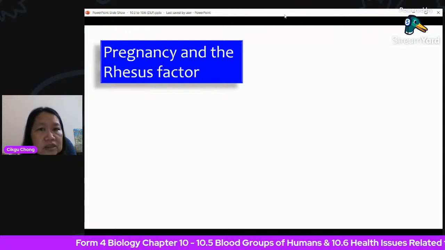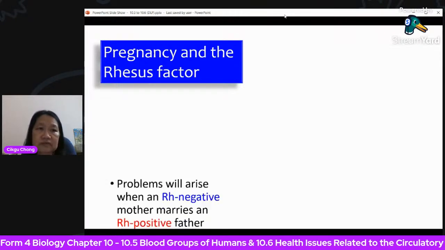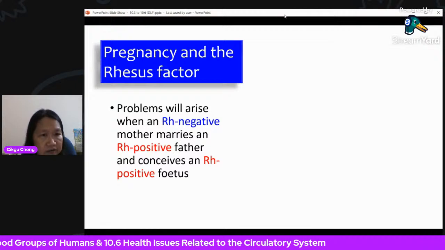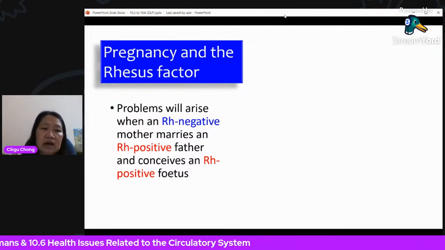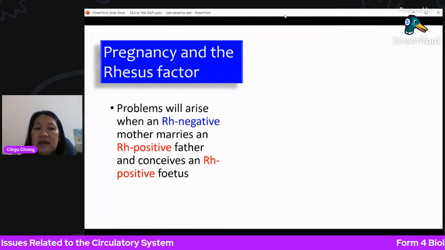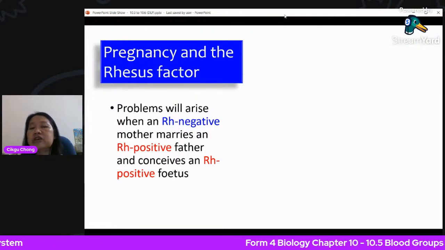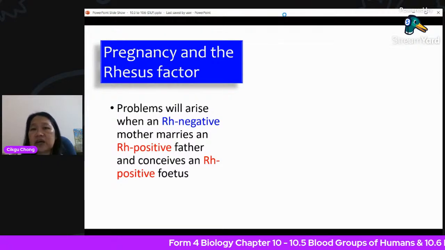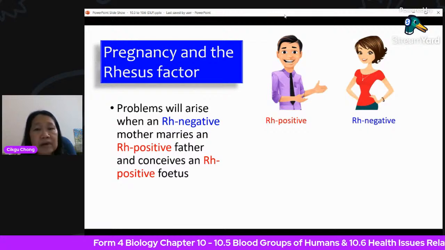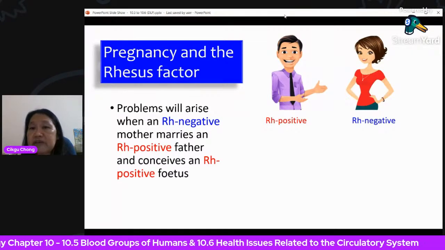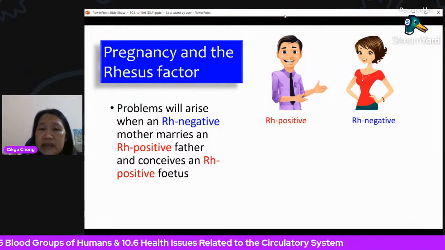The baby can be positive because the father can be positive. Okay, so problems will arise when an Rh negative mother marries an Rh positive father, and the baby happens to be Rh positive, conceiving an Rh positive fetus. So the father is positive, the mother is negative, because this Rh allele, you learn it in Form 5 later, is a dominant allele.